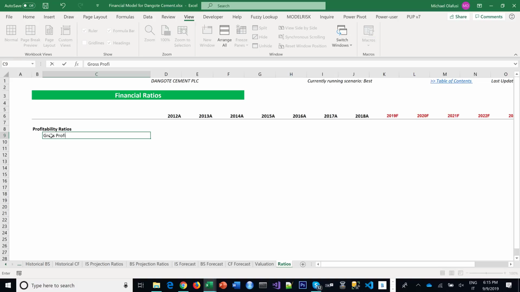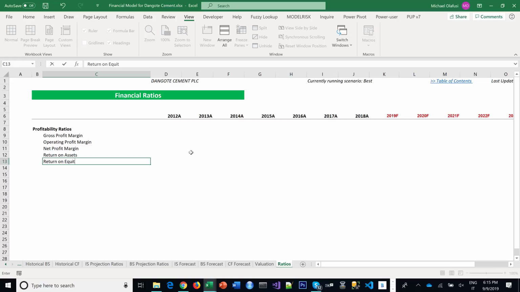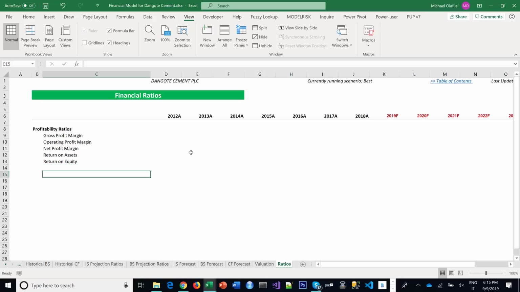Gross profit margin, operating profit margin, net profit margin, return on assets, return on equity. So those are the profitability ratios.